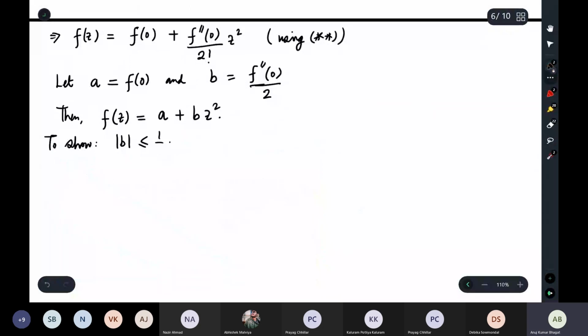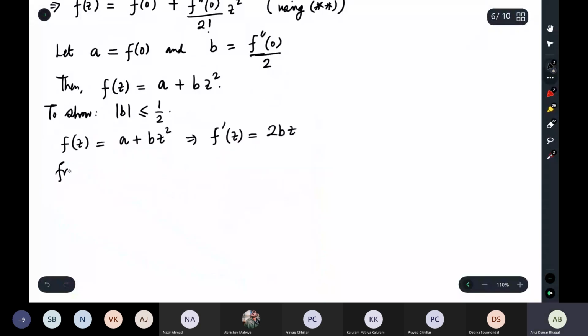Right. So for that, fz is nothing but a plus b z square. That implies f prime z is 2bz.